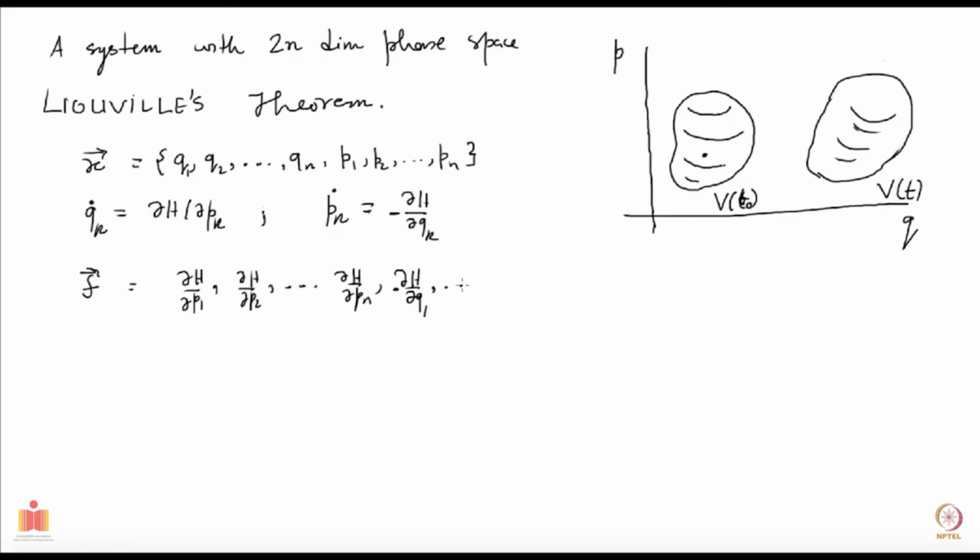Okay, and you go further, and ∂H/∂qn, again there's a minus sign I put here. And this entire set of quantities I denote by vector f. Okay, so these Hamilton's equations of motion, using the notation which we have written down just now, can be written as x dot is equal to f.